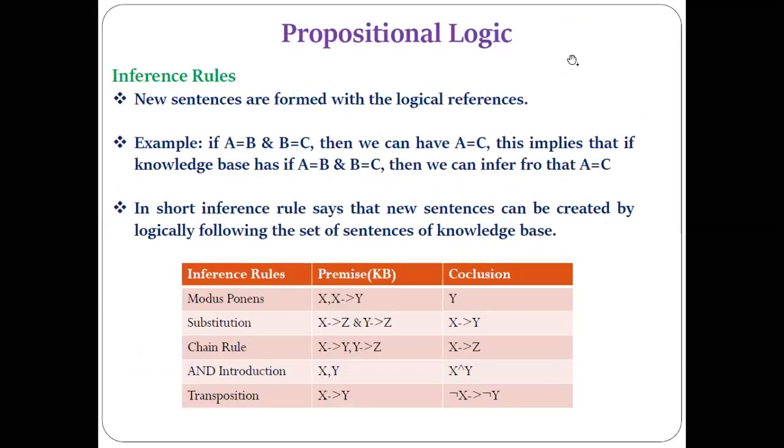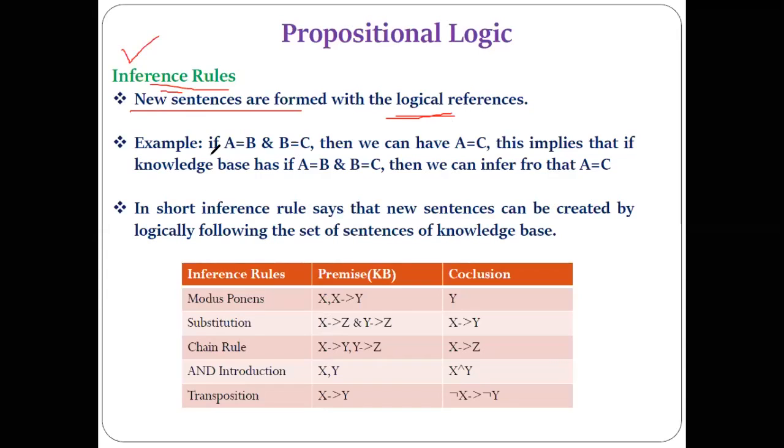Another important point in propositional logic is the inference rules. We have already discussed what we mean by inference, where new sentences are formed with the help of logical inference. Yesterday also we saw that when you get a new sentence from old sentences and reach some conclusion, that is called inference.